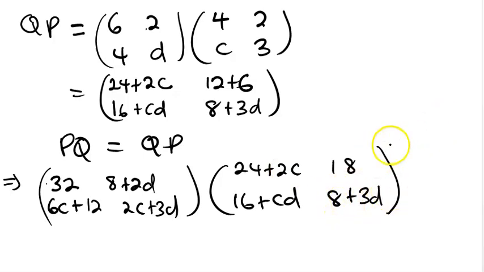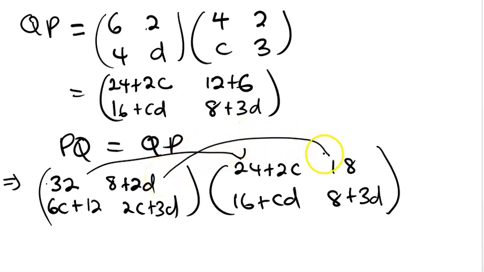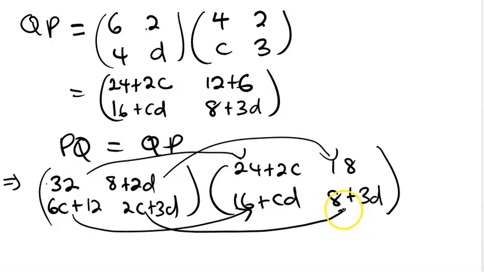When two matrices are equal, it means their respective entries are also equal. So you can equate this. This is the first entry, this is the second entry, the same thing here.